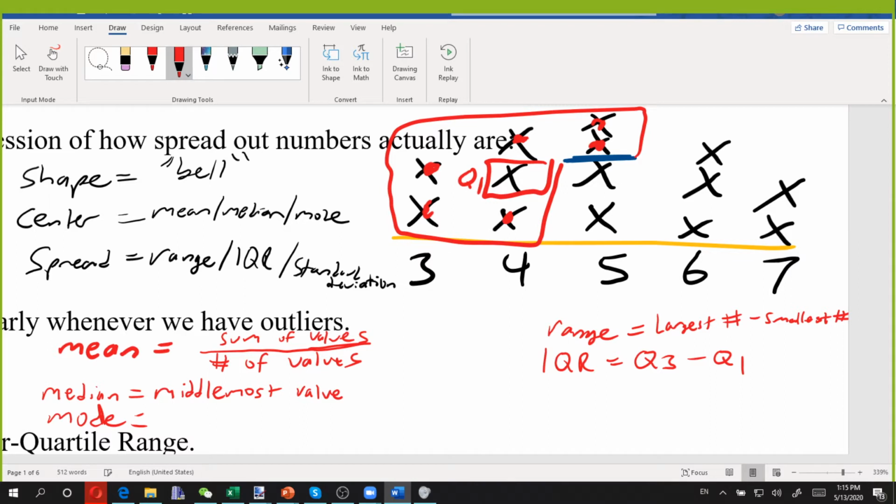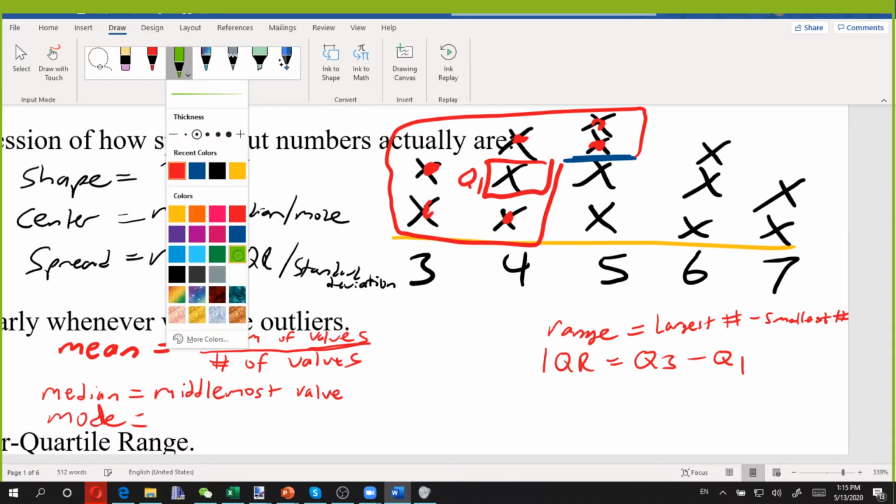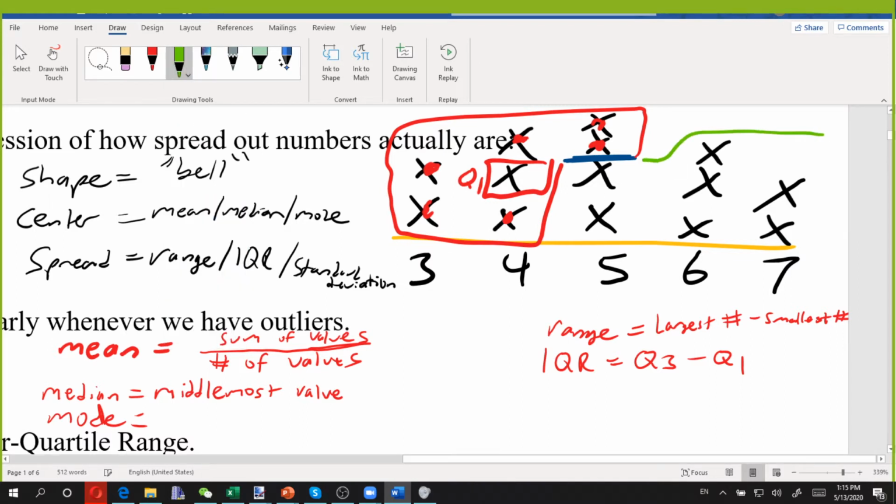Okay, and then we'll do the same thing for the other half. So here's our top half. Gives us Q3. Your median is Q2, so that's the 50% mark, or 2 times 25%, which is a quarter.